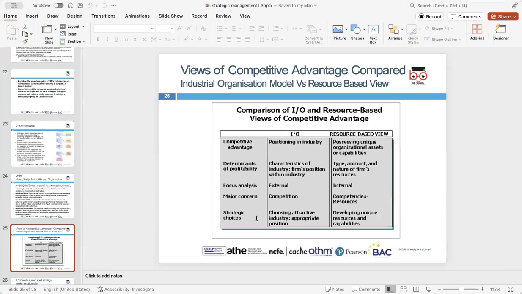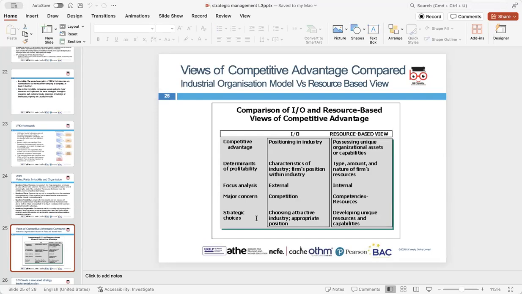Views of competitive advantage: the industrial organization and resource-based views offer different perspectives on achieving competitive advantage. The industrial organization view focuses on positioning within the industry.